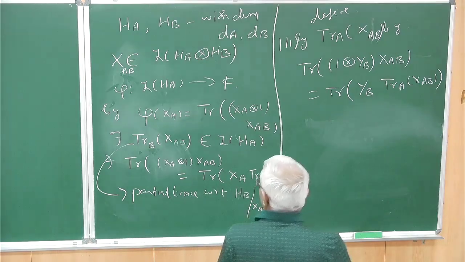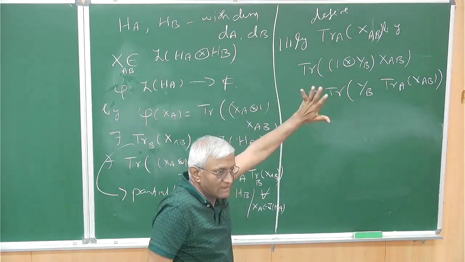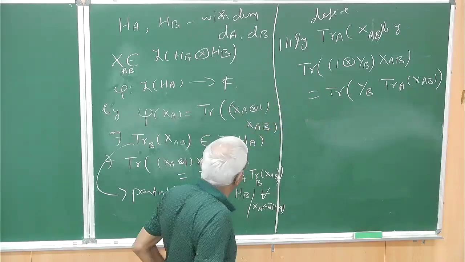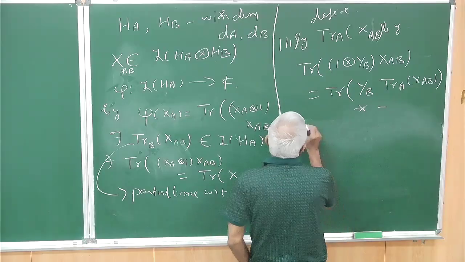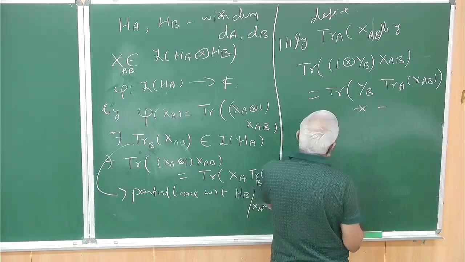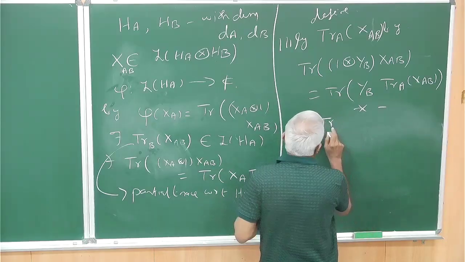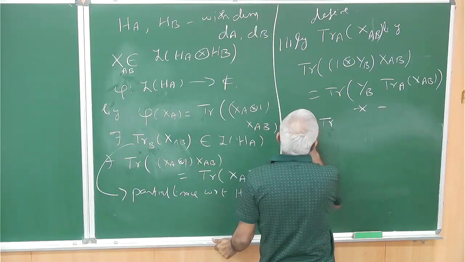So this is just to show that it does not depend on any particular representation. But one thing you can see is, if you have the trace on one of the systems, A or B, let's say the trace on B, then it is nothing but one tensor trace.